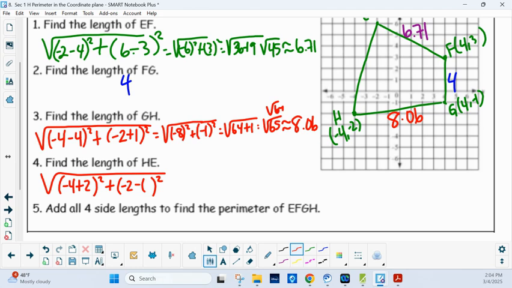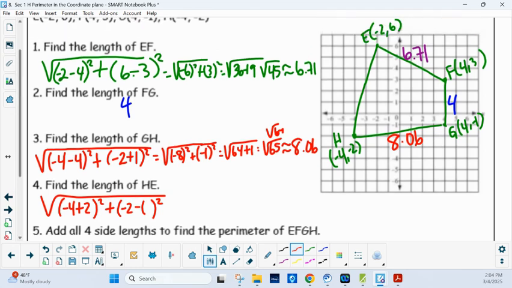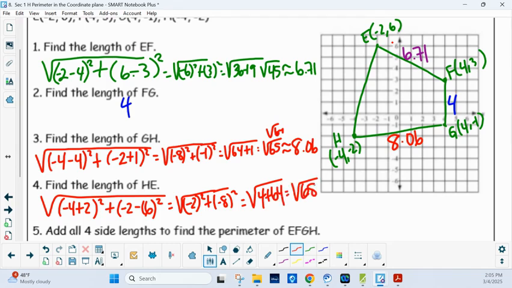No, that's a positive. -6. Okay, so we've got -2 squared plus -8 squared, yeah? Is that what everybody got? -2 squared is 4, and 64, adding those, square root of 68. Okay, so now we finally got them all.